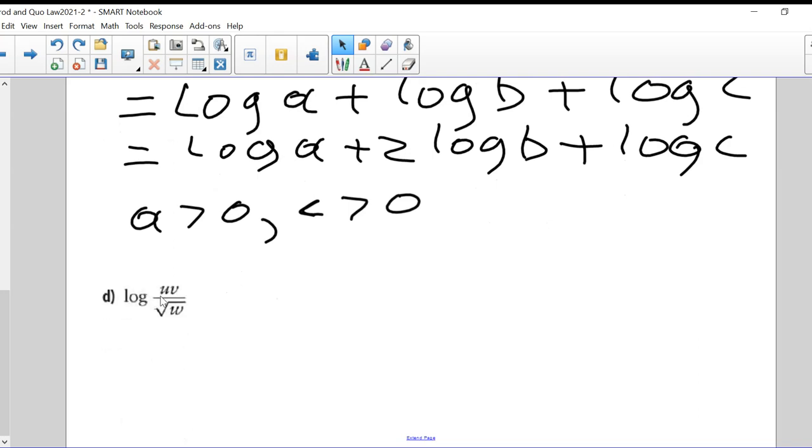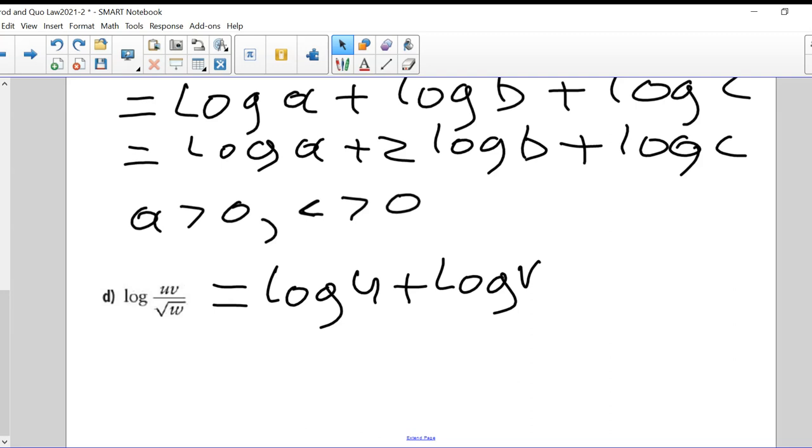The log of u times v over the square root of w. All right, so let's see. That will be the log of u plus the log of v. And hopefully you can tell my v's from my u's.